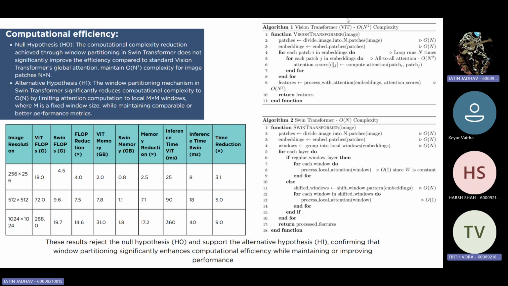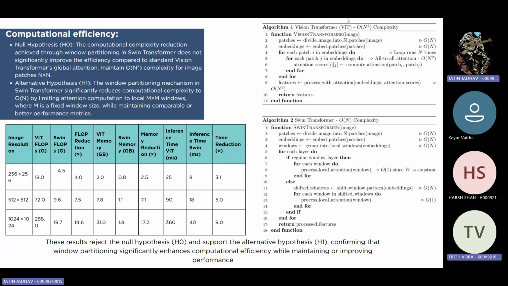So it will be 1,000 into 49 instead of 1,000 into 1,000. And 49, being 7 by 7, is a constant. We can keep the window such as 5 by 5, 7 by 7, whatever suits, but by empirical study, we have found that 7 by 7 is suitable. So here we reduce the complexity to 1,000 into k, which is n. So the complexity is reduced from n squared to n.